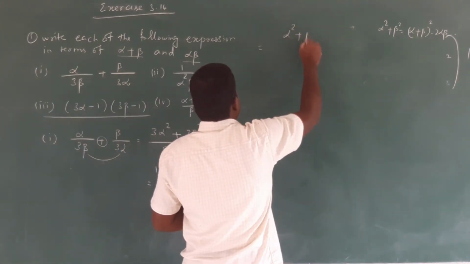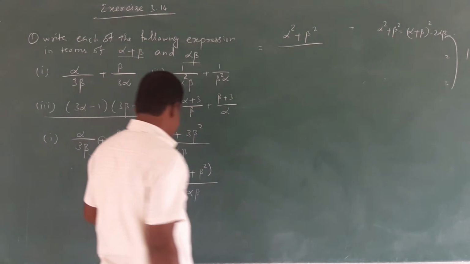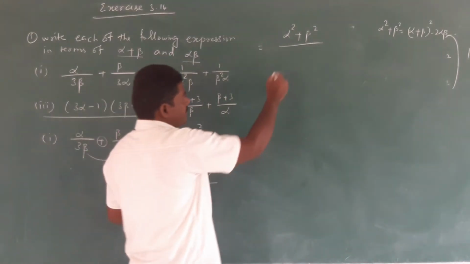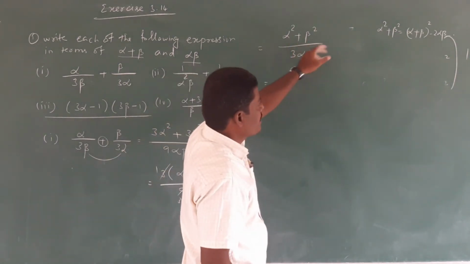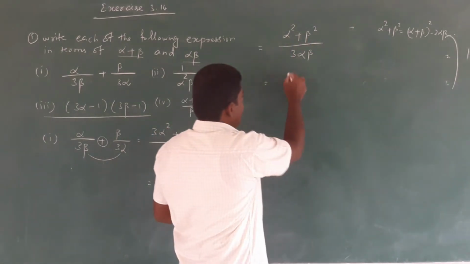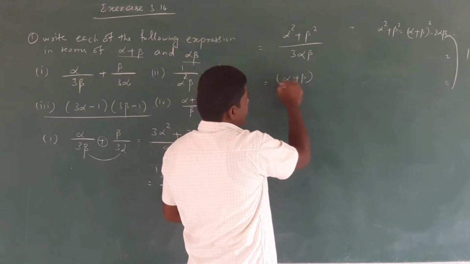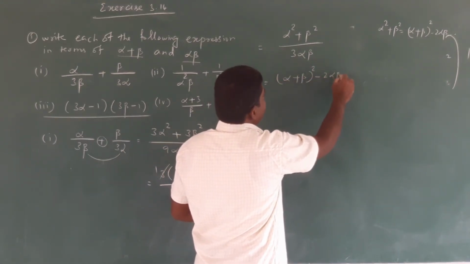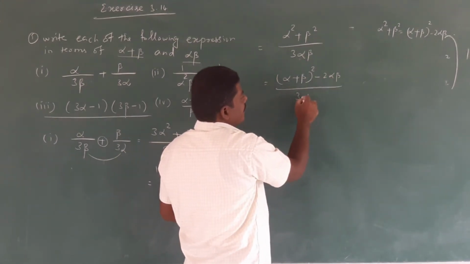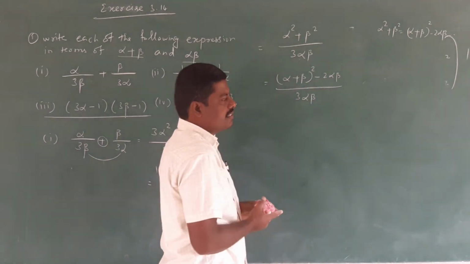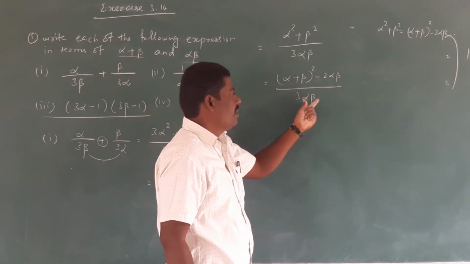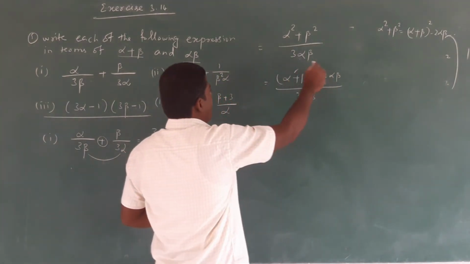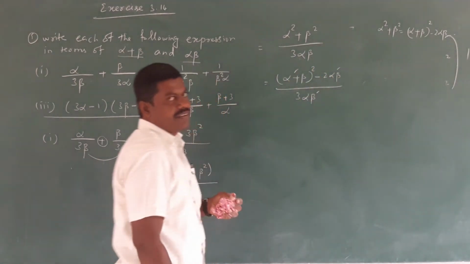Alpha square plus beta square in the numerator, in the denominator 3 alpha beta. Now alpha square plus beta square is nothing but alpha plus beta the whole square minus 2 alpha beta, divided by 3 alpha beta. Now in terms of alpha plus beta and alpha beta.